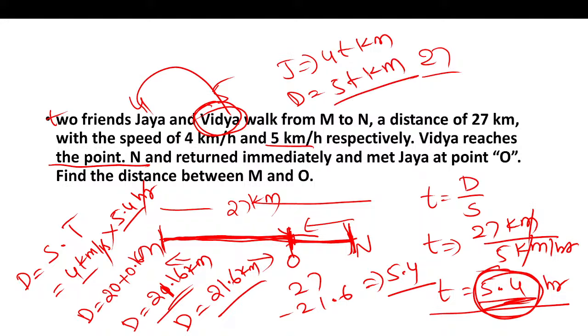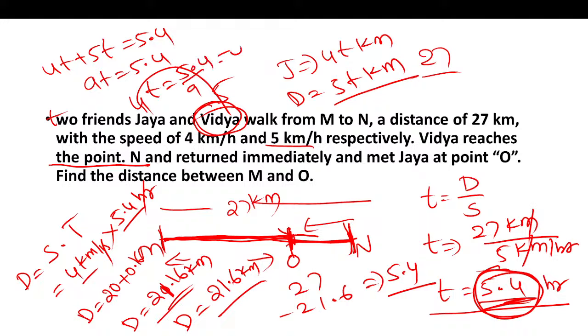Together they covered the 5.4 kilometer gap between them. So 4t plus 5t is equal to 5.4. 9t is equal to 5.4. t is equal to 5.4 by 9, nothing but 0.6 hours.